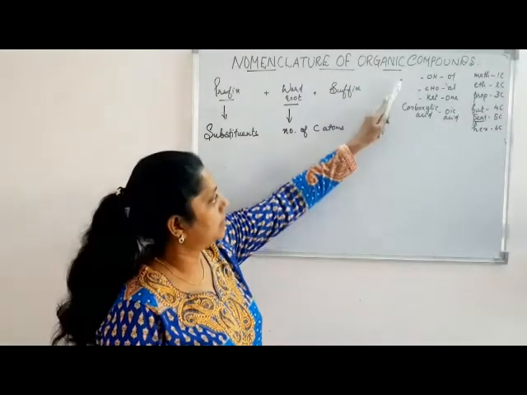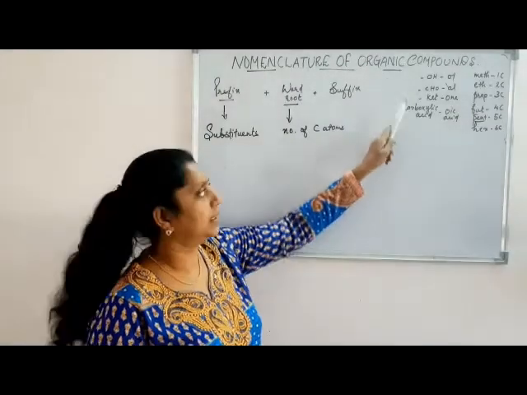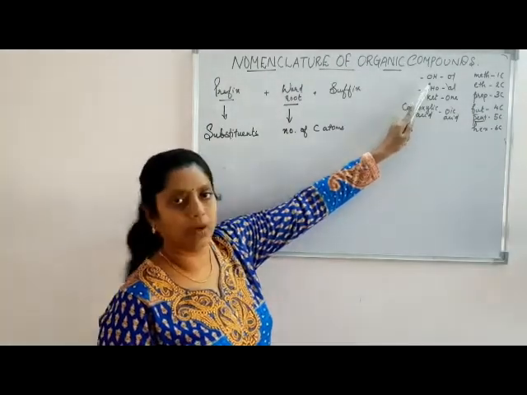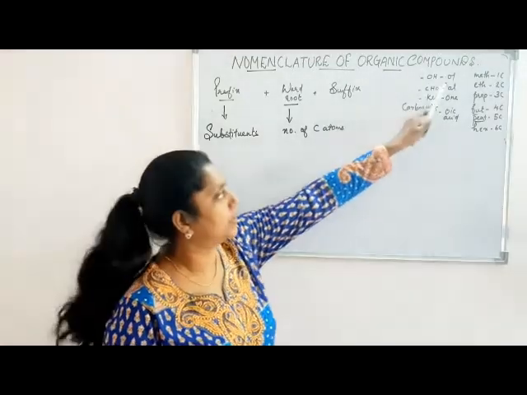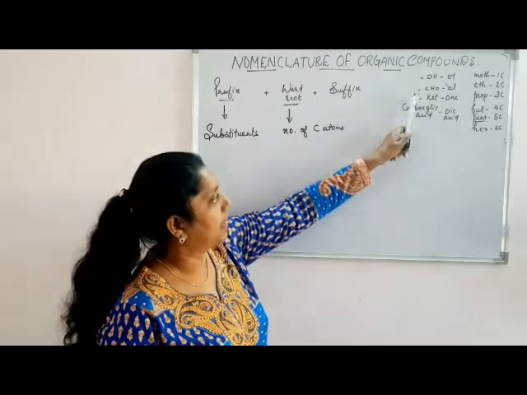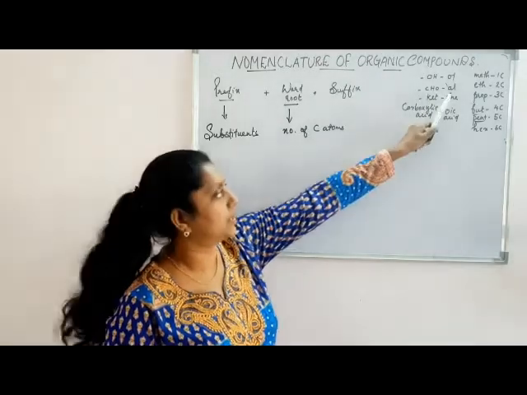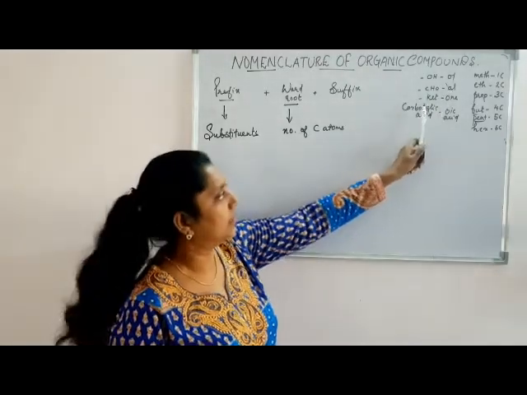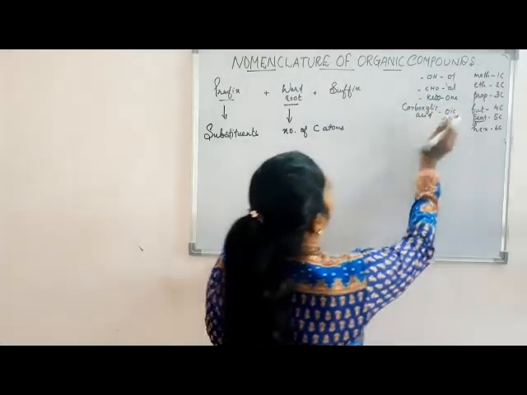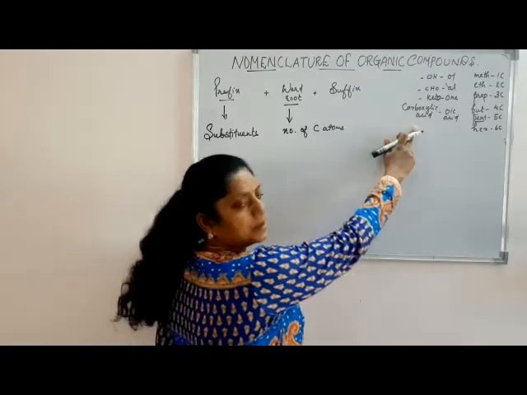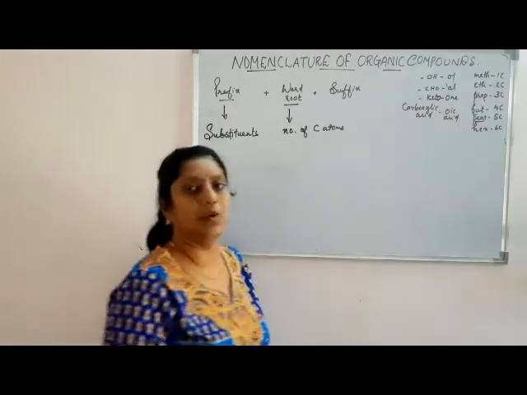Here, the important functional groups are written. If an OH group, that is alcohol, is present, we use the suffix ol. If an aldehyde CHO group is present, we use the suffix al. If a keto group is present, then we have one. And if a carboxylic acid is present, we use the suffix oic acid.